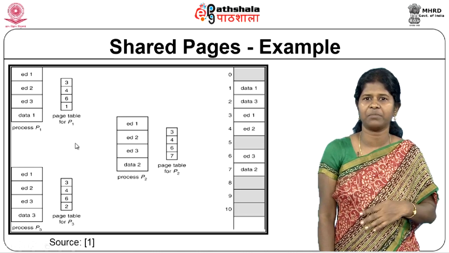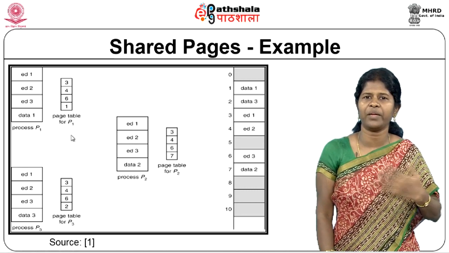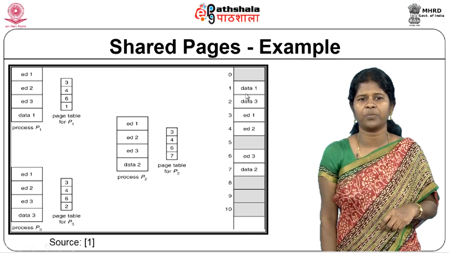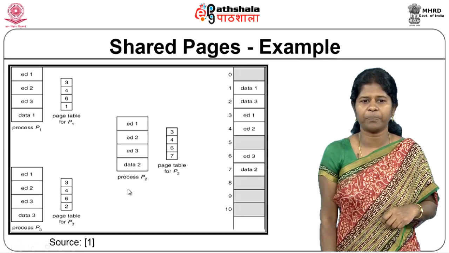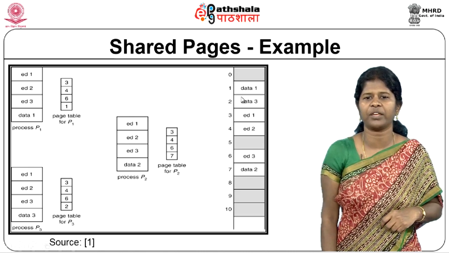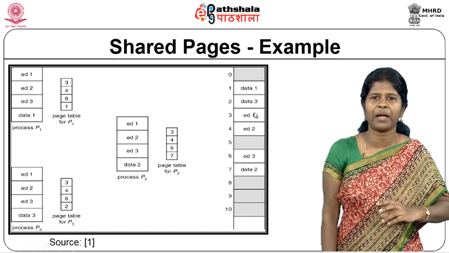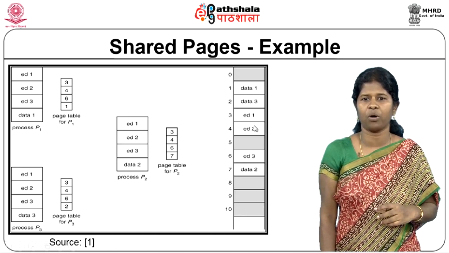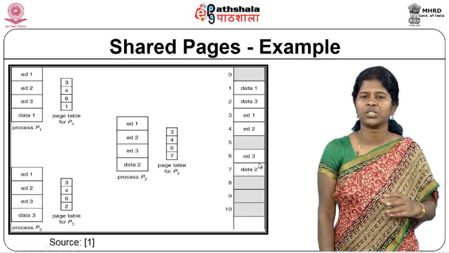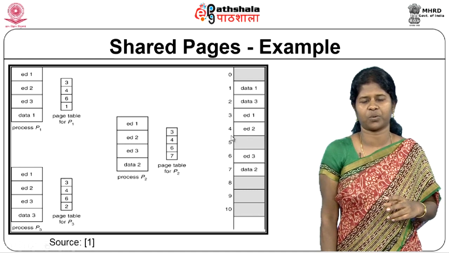The data can't be the same for each of the processes because each process will have its own data, which will vary. So, for data alone, for P1 you provide frame number 1, for P2 frame number 7, and for P3 frame number 3 is provided. So, here you see that the space occupied by the text code in the main memory is reduced because all the processes share the text code.